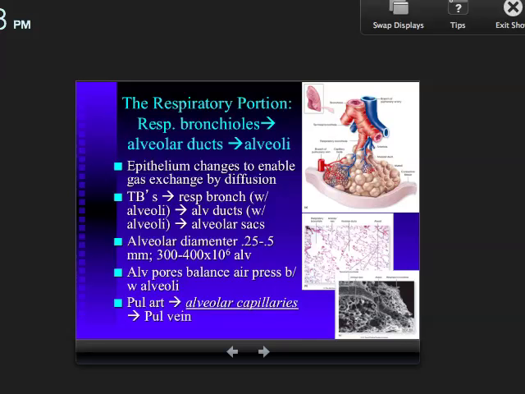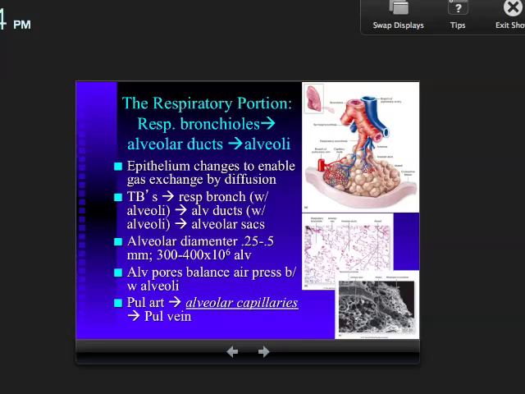Now, because you have a bunch of these alveolar sacs butting up against one another, you find that there's pores in between them. And those pores simply neutralize the pressure differences between these.